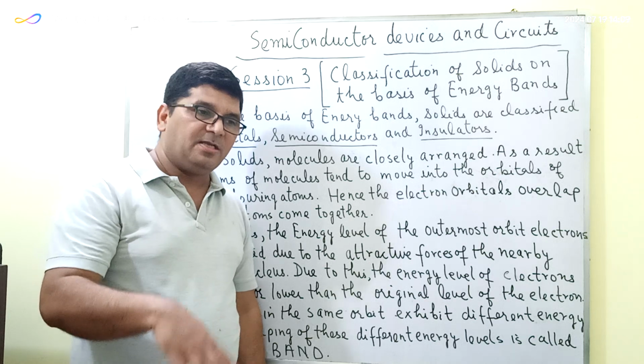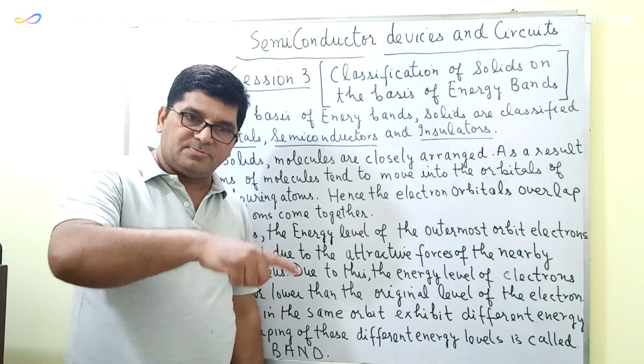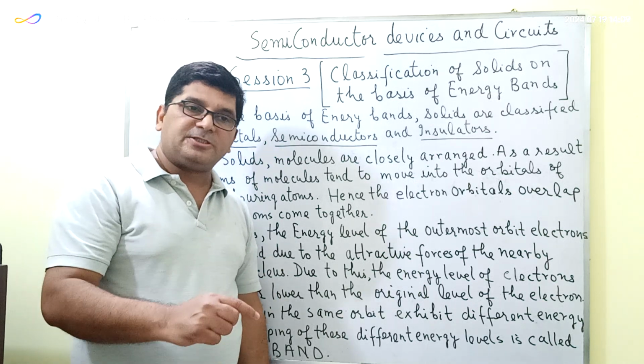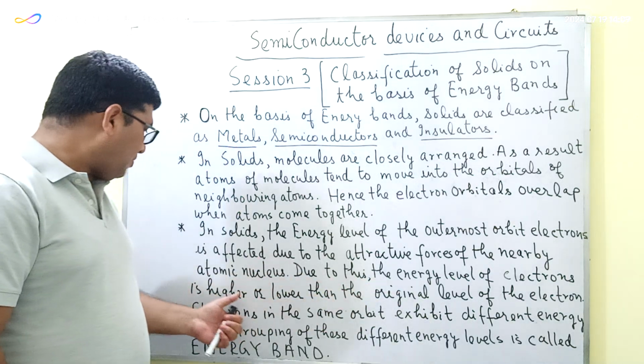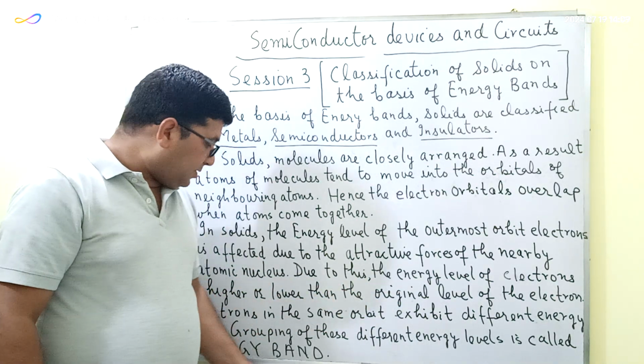And the second important point, the electrons which are moving in the inner orbits around the nucleus are not very much affected by the attractive forces of the nearby atoms.